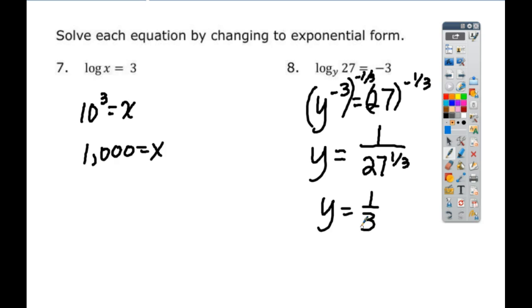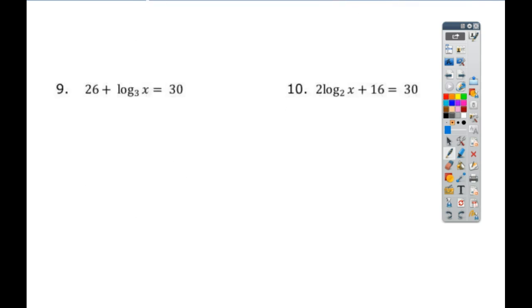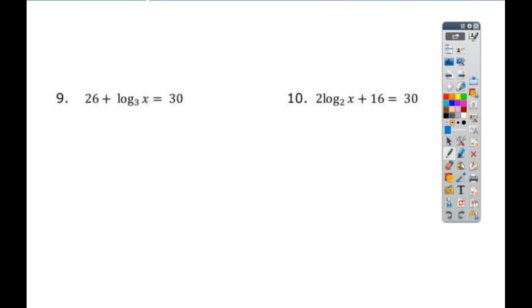All right, let's try another. So what's different about this one? Is the log by itself? So I have to have the log by itself. Was that difficult? No, it is not.